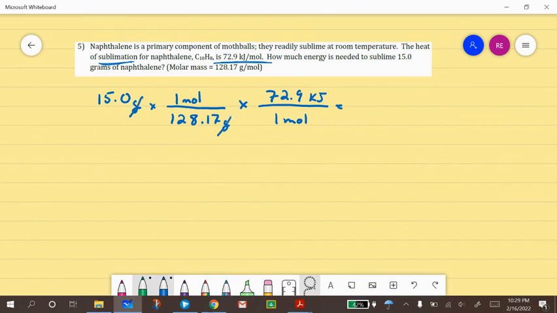So grams of naphthalene cancel, moles cancel, we're left with kilojoules. And again, three significant digits, 8.53 kilojoules. And that's it. That should look pretty familiar. It's just looking like some conversion factors again. So just watch your units and let your units walk you through the problem.